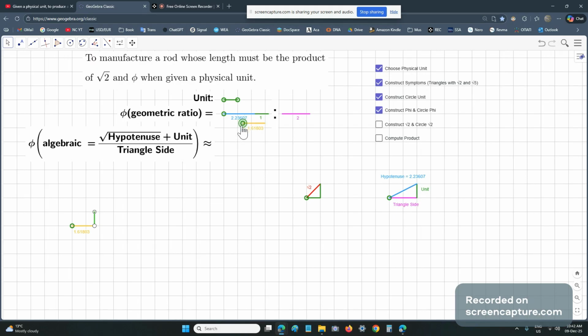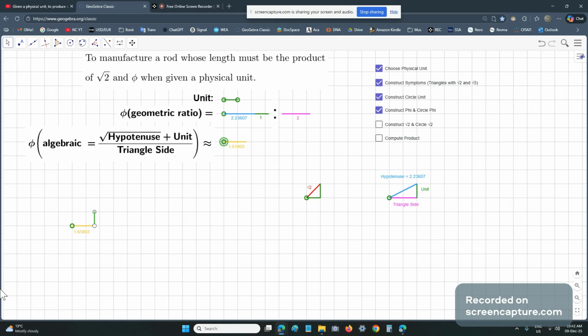You can only do it geometrically because this ratio doesn't have quotientness. Euclid Book 5, Definition 3. This ratio phi does not have quotientness. In other words, you cannot measure this whole antecedent with 2. And what you get in algebra, this algebraic value, is an approximation. That's all it is.